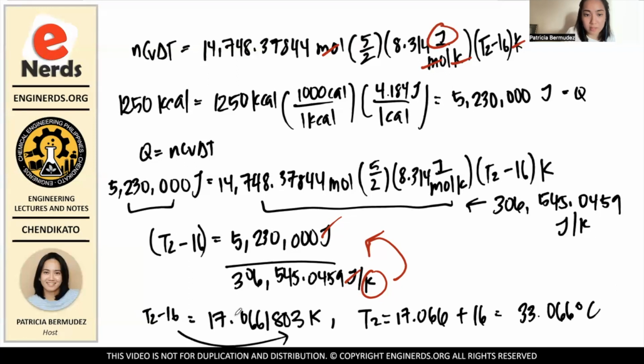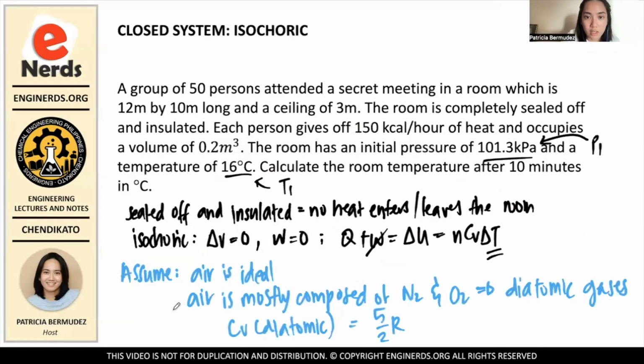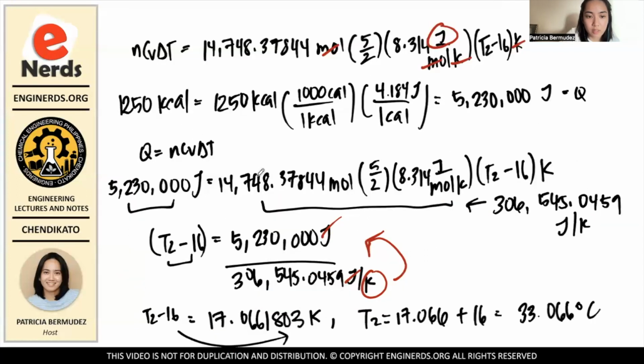Yep. This whole thing is actually in degrees Celsius, but when we calculate the change, it's equivalent to the change in temperature in Kelvin. But since the 16 degrees in this question is in degrees Celsius, T2 is in degrees Celsius as well. So T2 is the final temperature of the room. I hope you learned a lot from today. Thank you for listening, and goodbye.